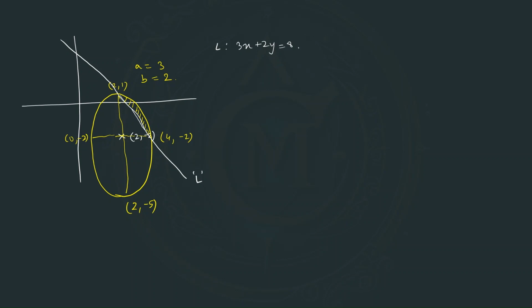So the area of this segment, which is 1/4 times the total area of the ellipse, is pi times a times b, and a is 3, b is 2. So pi times 6 divided by 4, minus the area of this triangle, which we can easily calculate as half times the base, which is 2, and the height, which is 3.